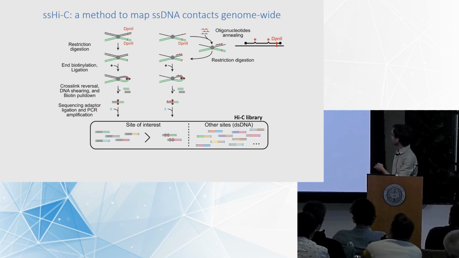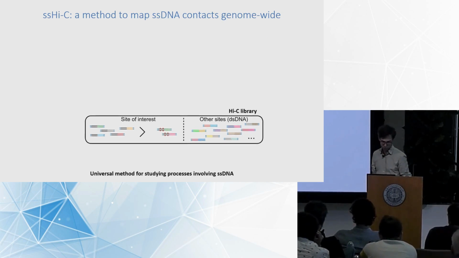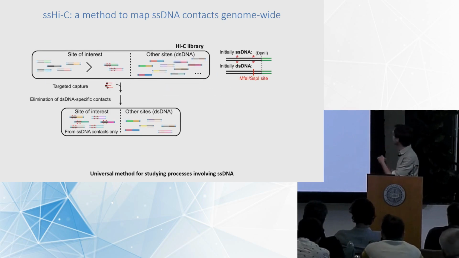So then we can get our IC library. Among the contacts we detect, there is the site of interest in a double-strand DNA form, the site of interest in a single-strand DNA form, and many other pairwise interactions classical of IC. So it's really a tiny fraction of the molecules. So what we do is use targeted capture with a biotinylated oligo against the site of interest to enrich it.